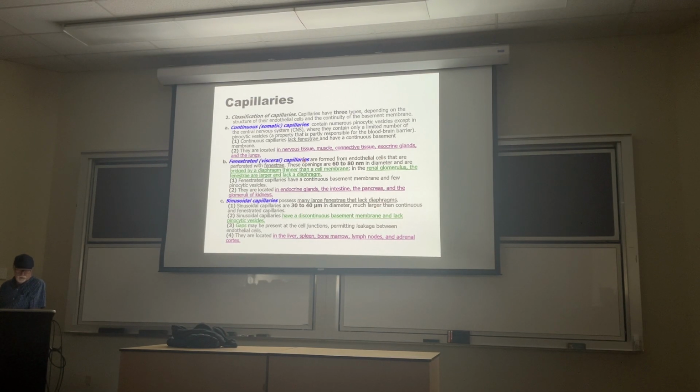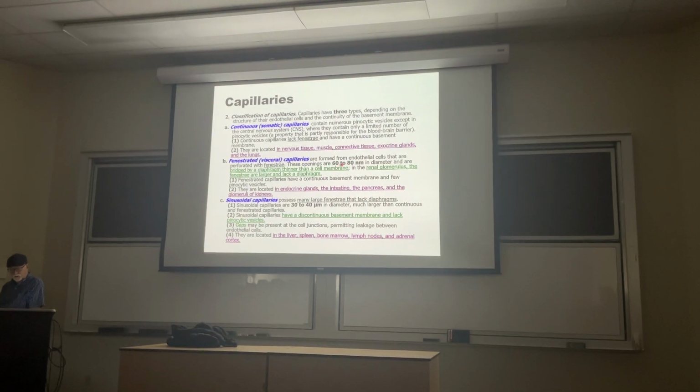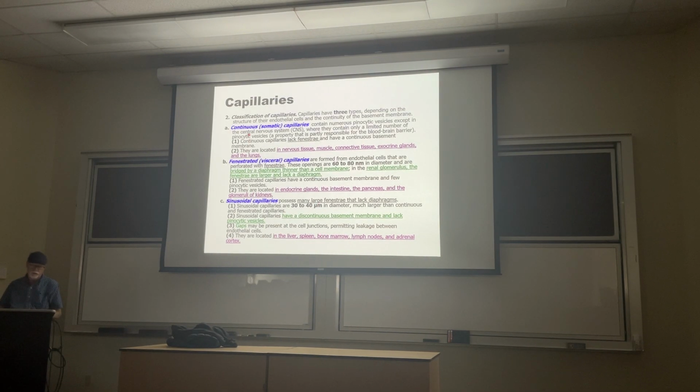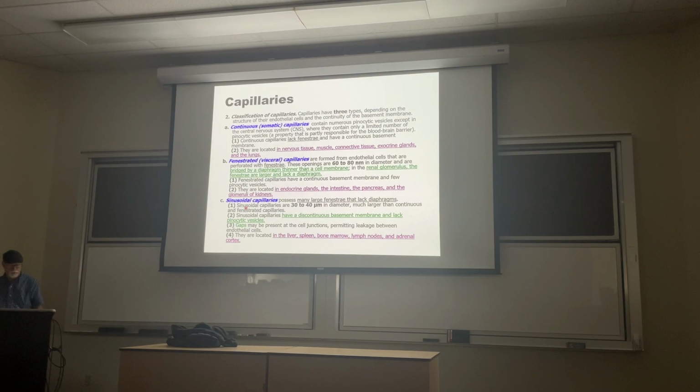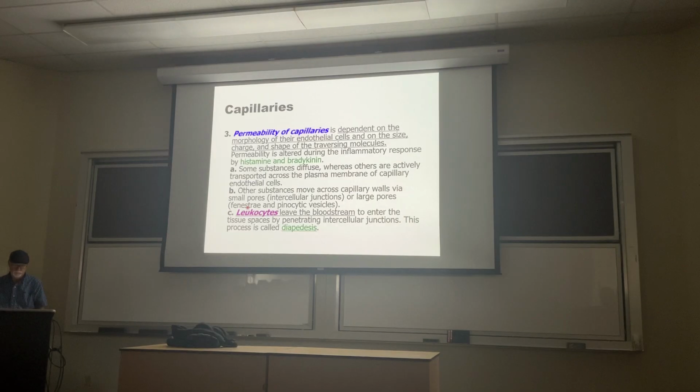The little fenestrations in the fenestrated capillaries are little openings that make them more permeable, but they're only about 70 nanometers, 1 times 10 to the minus 9, openings. So again, continuous are the least permeable, fenestrated, intermediate permeability, sinusoidal, the most permeable.